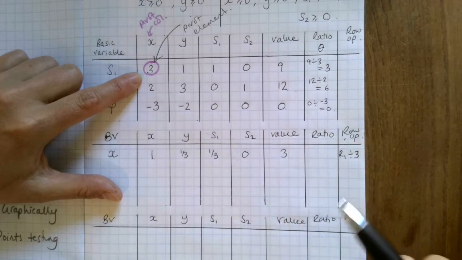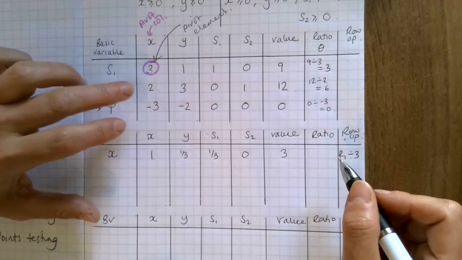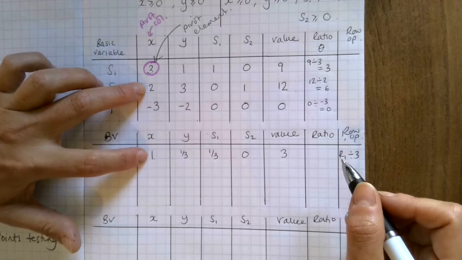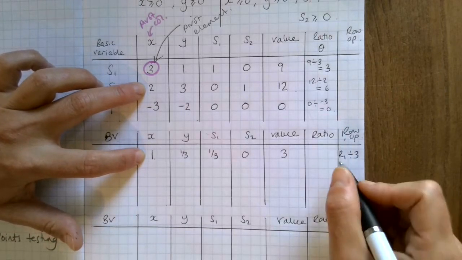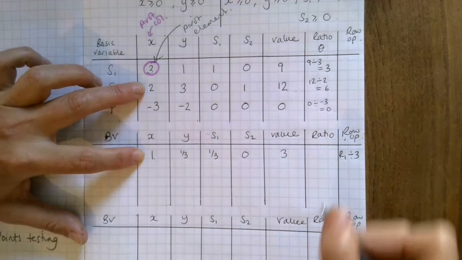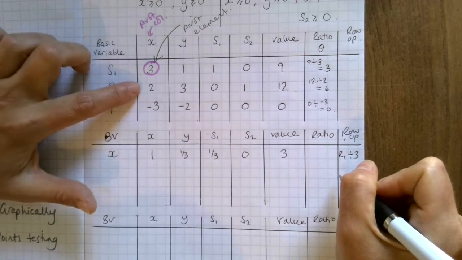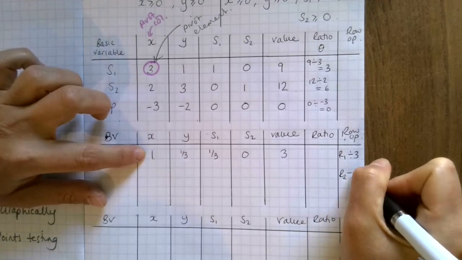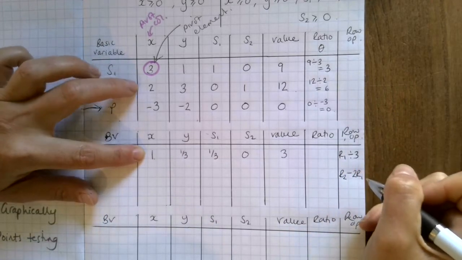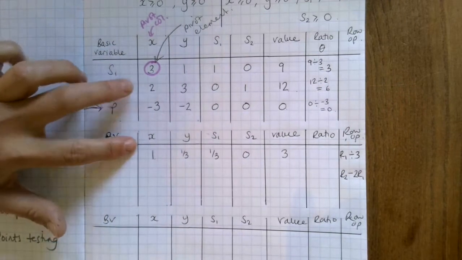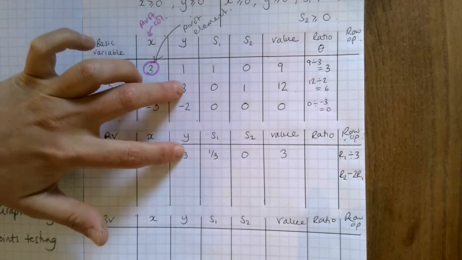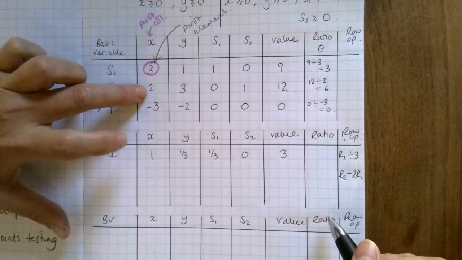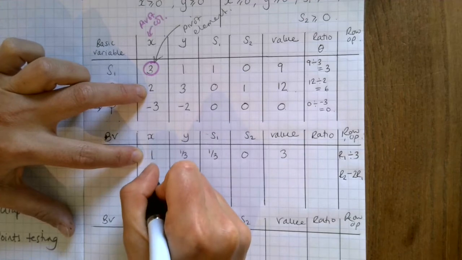In order to make that 0, I'd want to subtract 2 lots of that. So my row operation is going to be row 2 from up here, take away 2 lots of row 1 from down here. I always use 2 fingers. I know that sounds a bit silly, but it just means that you don't lose track of what you're doing. So that take away 2 lots of that is 0.